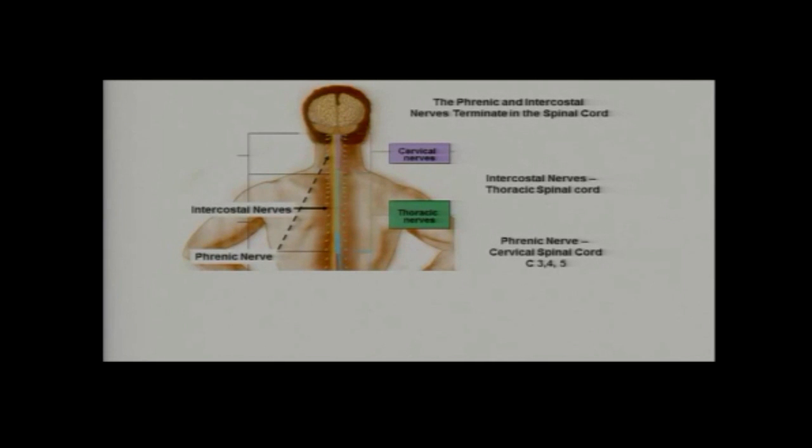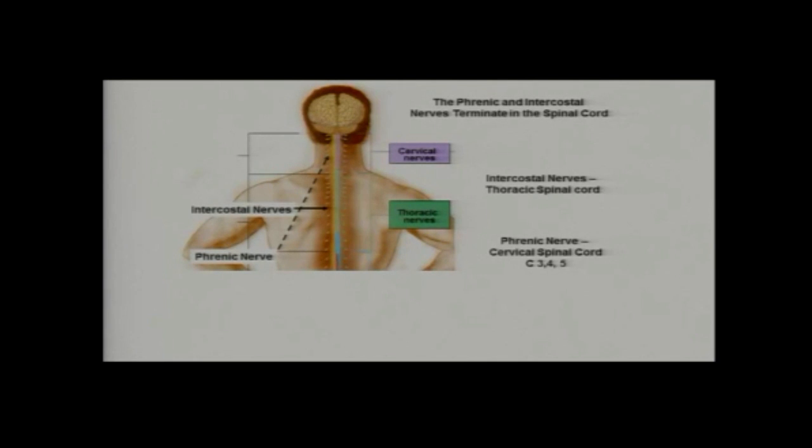Now, the cell bodies of the neurons within the phrenic nerve are actually sitting in the spinal cord very high up in the cervical spine. It's sitting at C3, 4, and 5.